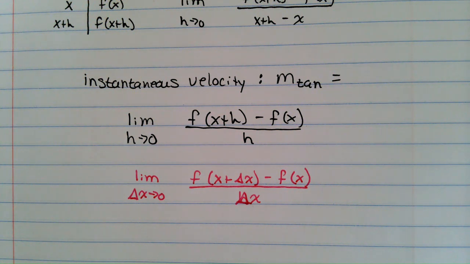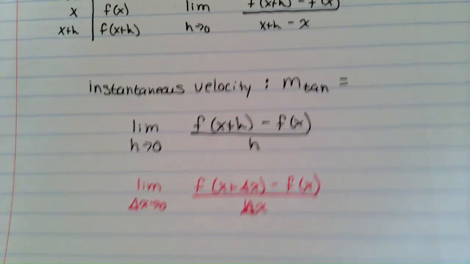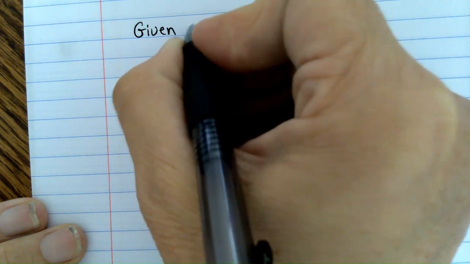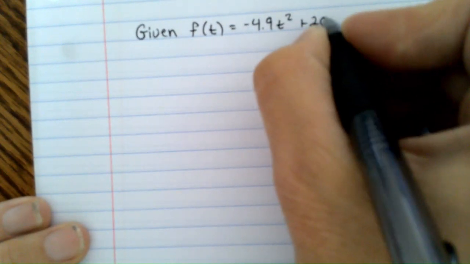Some of you might be in physics or something like that, so this next problem might seem really familiar to you because you might have done it using formulas in physics. We're going to do it with calculus, okay? Given f of t equals negative 4.9 t squared plus 200.